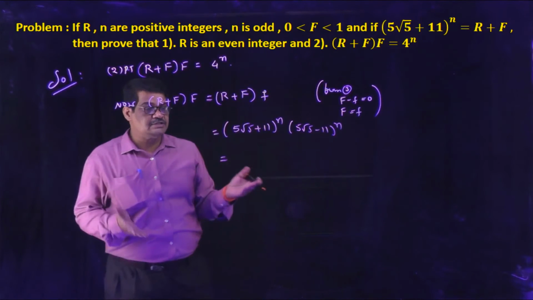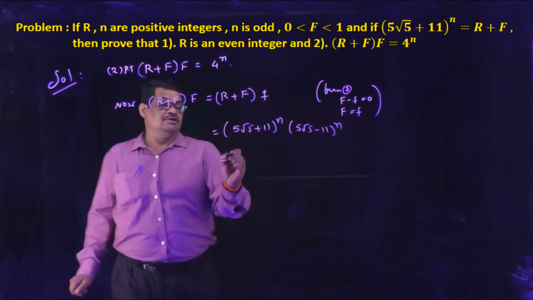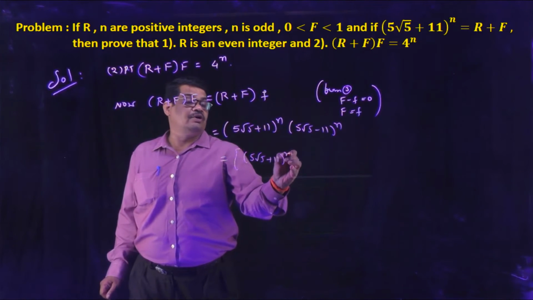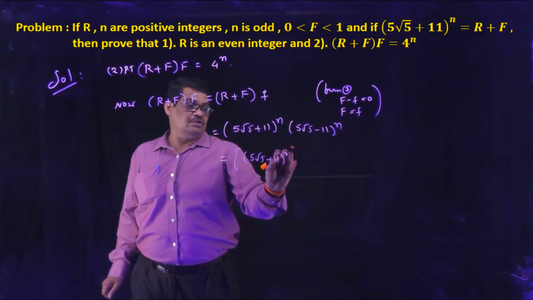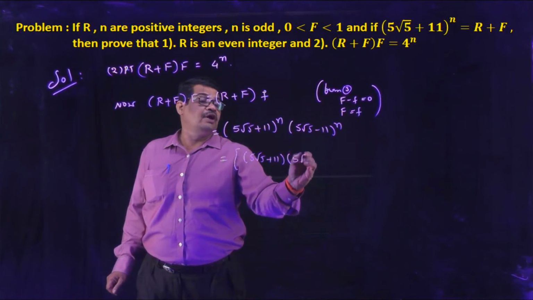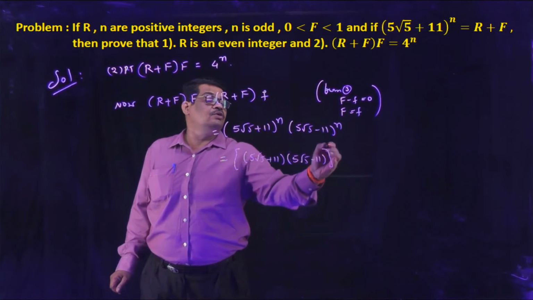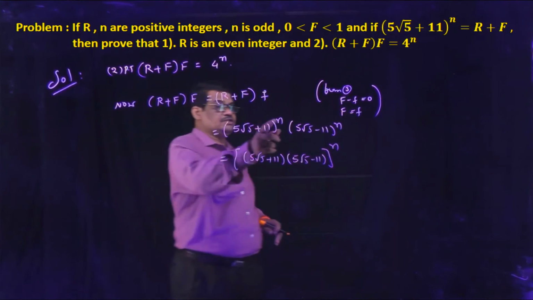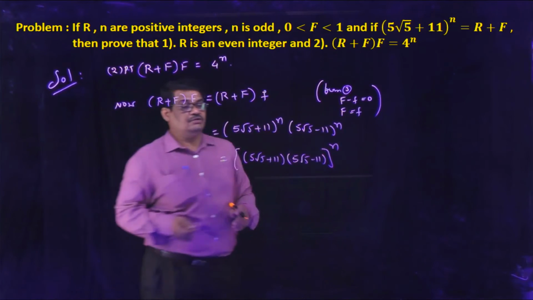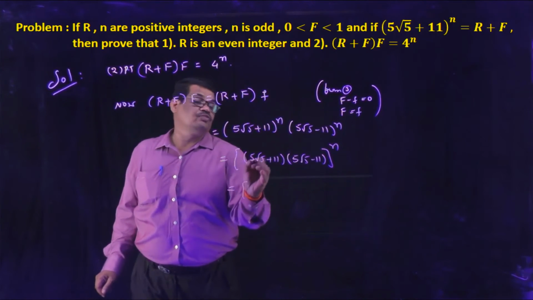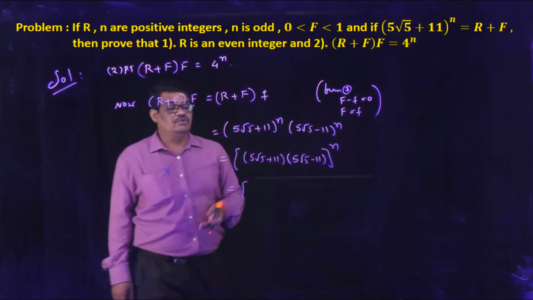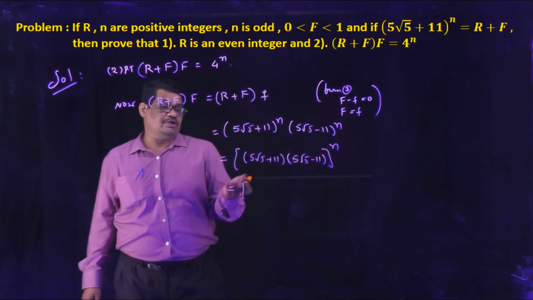Here the powers are the same. Now we write 5 root 5 plus 11 whole power n, and in the same power 5 root 5 minus 11 whole to the power of n. Now we write the product of these bases whole to the power of n. These terms are in the form a plus b into a minus b, which is a square minus b square.